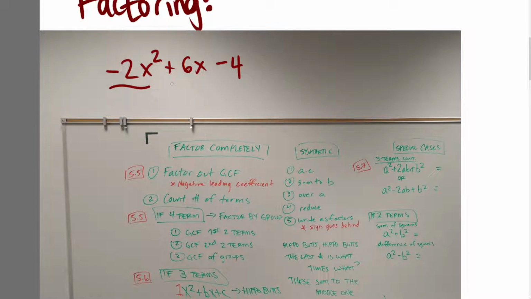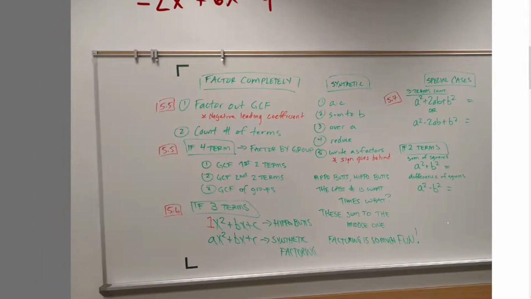We have one here, another here, and one here, because they are separated, they are not like terms. So we have 3 separate terms. If you have 3 separate terms, there are 2 different methods that you can do, which is synthetic factoring and Hippo Butts. And we'll get into those in just a moment.